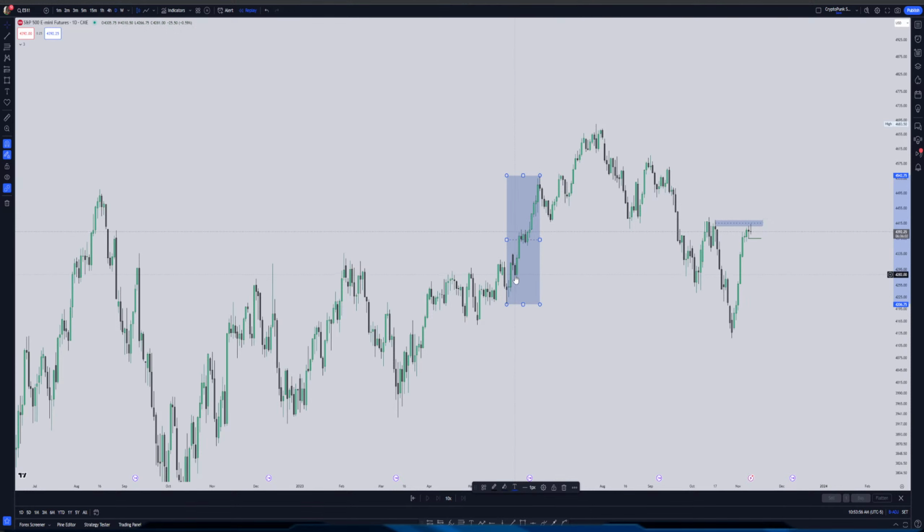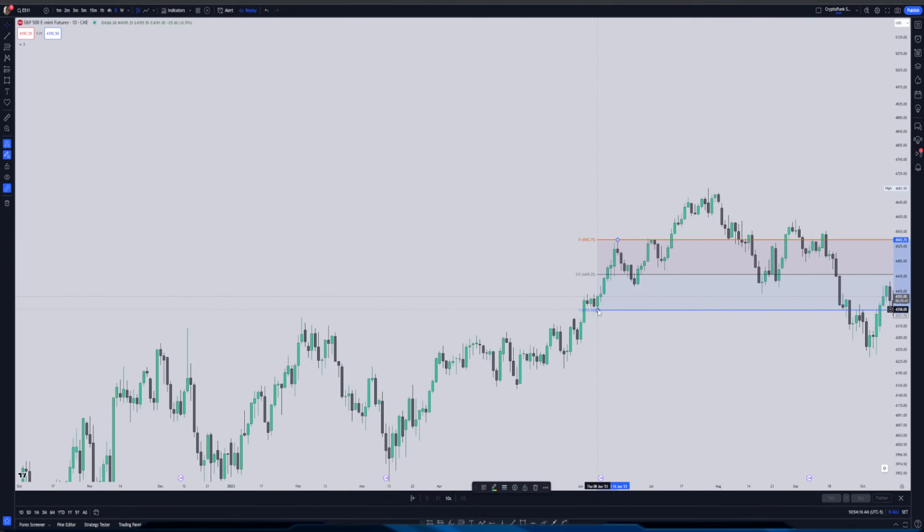Here there was only a two-candle pullback, it went up, there was a little bit of consolidation, and it went up, but this is a good pullback. If you want to measure the pullback, how far it actually retraced, look, that's your swing low here, and that's your swing high.